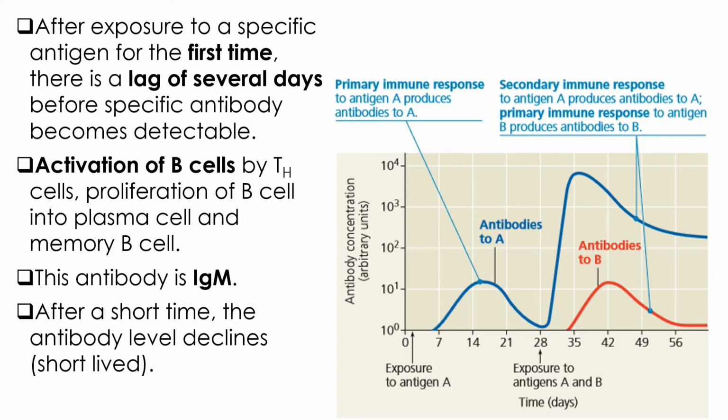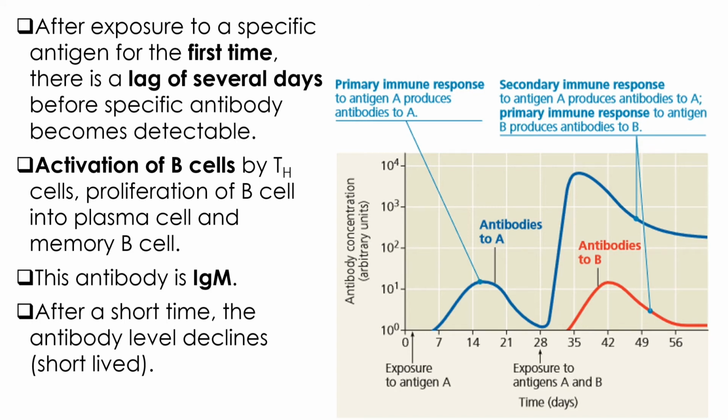Why? This is because the adaptive immune system is not activated yet. The process of activation will only start when the immune system is exposed to the antigen, and it will take several days that we call the lag time.